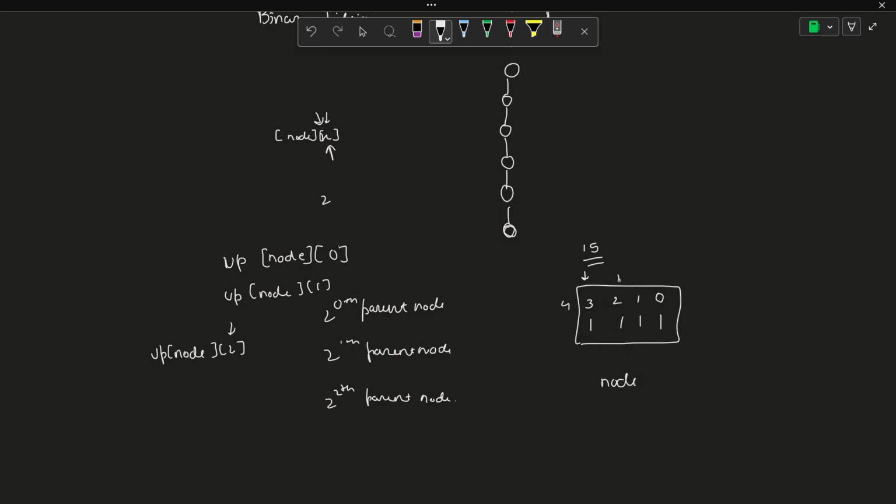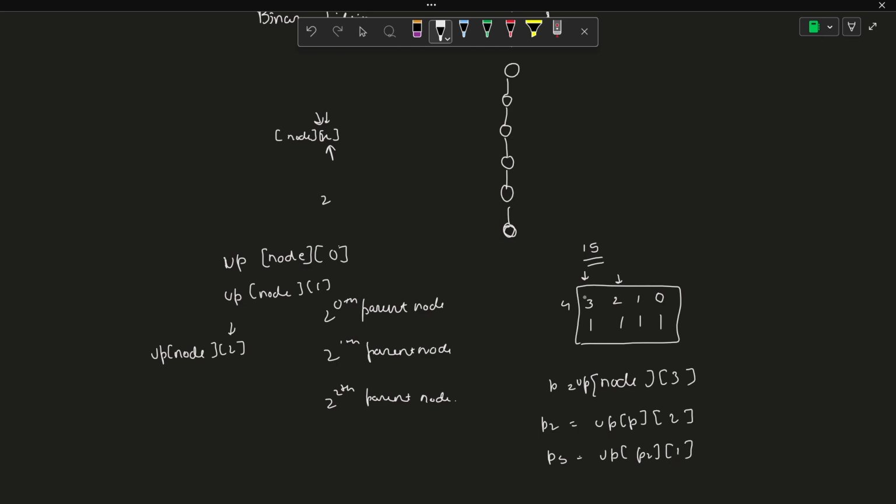Then you can find its 2 raised to power 2th parent, the next node you have to find. So let's say P is equal to up of node of 3. Now you can find P2 is equal to up of P of 2. Now you can find P3 is equal to up of P2 of 1, right?